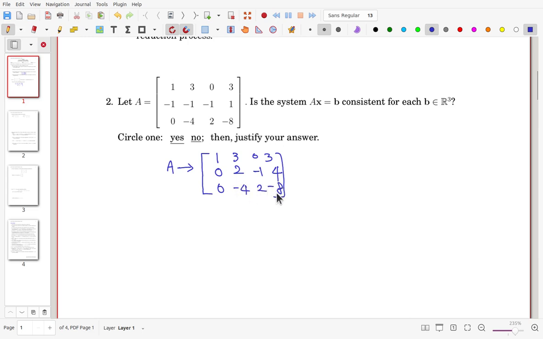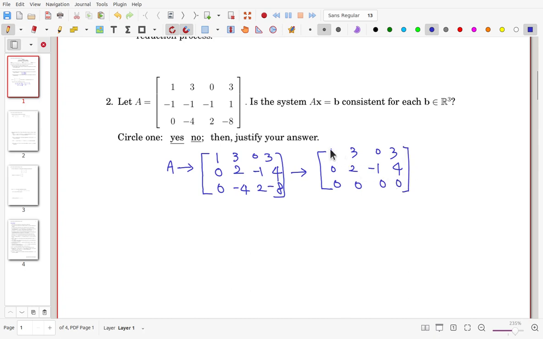The bottom row is -2 times the second row. So from here, 1, 3, 0, 3, and second row, and third row, by adding twice the second row, we can make this a zero row.